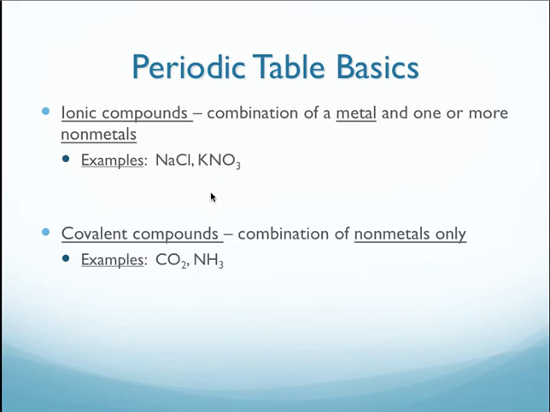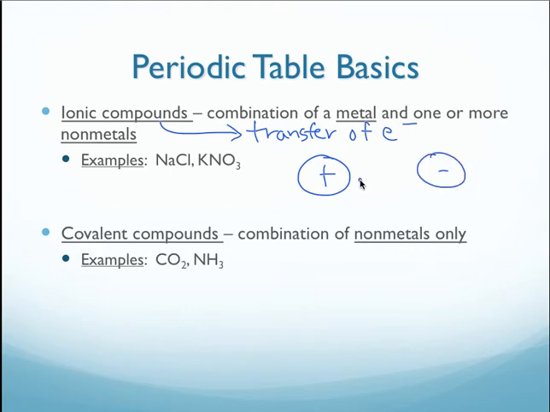Ionic compounds, this is something for the future, are a combination of a metal and 1 or more nonmetals in a compound. Important to note is for these compounds to come into being, there has to be a transfer of electrons, making 1 cation, 1 anion, or more, and then these 2 oppositely charged ions would be attracted to each other, making a compound.